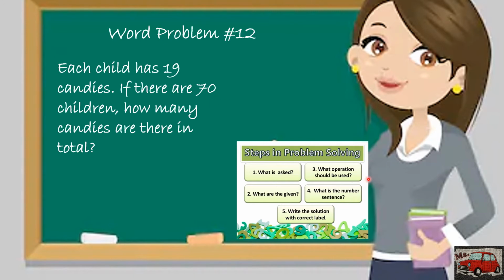Next, what operation should be used? So since ang hinahanap natin is yung total ng candies, kung merong 70 children at kada isa is merong 19 candies, so ibig sabihin we will use multiplication to get the total. Next, what is the number sentence? So since multiplication ang gagamitin, so our expression is 19 times 70. Then let's solve.